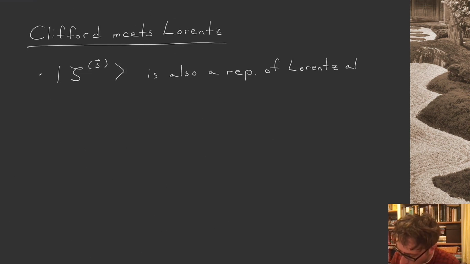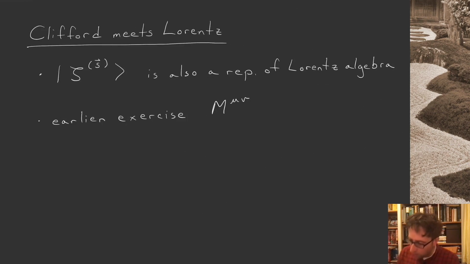Now to see that, we're going to rely very much on this exercise we did way back in the first week of the class, where we saw that the Lorentz generators could be written in terms of these gamma matrices. They could be written as a quadratic expression in these gammas. The Lorentz generators, M mu nu, I could write that as minus i over 4, and then a commutator of the gamma matrices, as opposed to an anti-commutator that we've been dealing with up to this point.